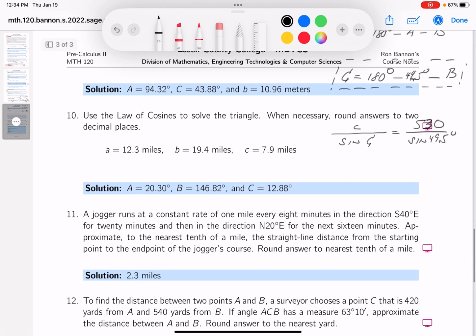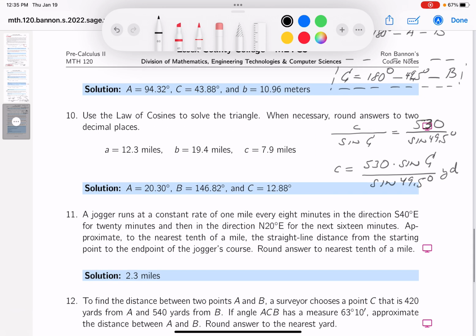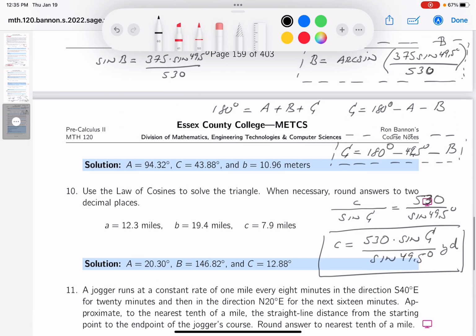I think I can write C down now. C will equal 530 times the sine of C over sine 49.5 degrees. What's the unit on that? Yards. I'll put a box in that. That's side C.